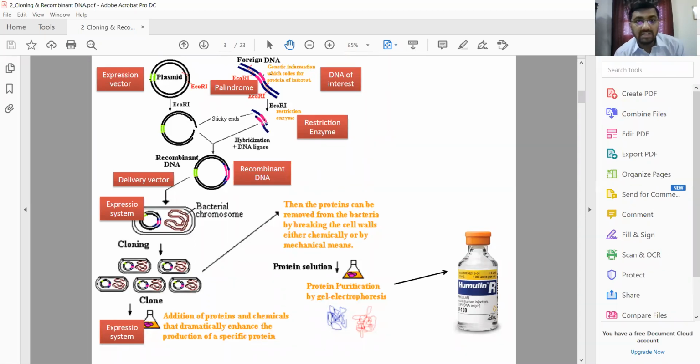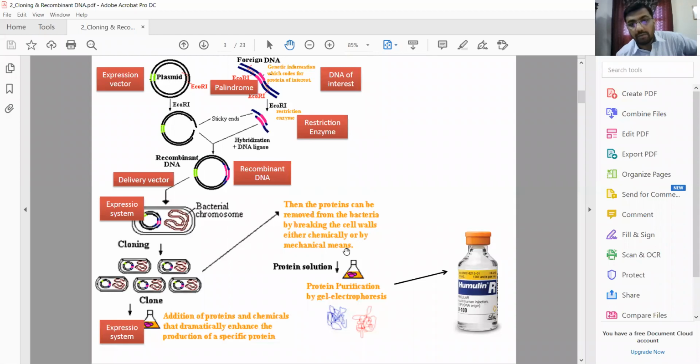To be very precise here, the foreign DNA would be ligated into this plasmid, and we would have a recombinant DNA plasmid. This plasmid would be delivered to the expression system, which is the bacteria in which we want to express it. The plasmid would be transferred into the bacteria, and those bacteria would be cultured to express this protein.